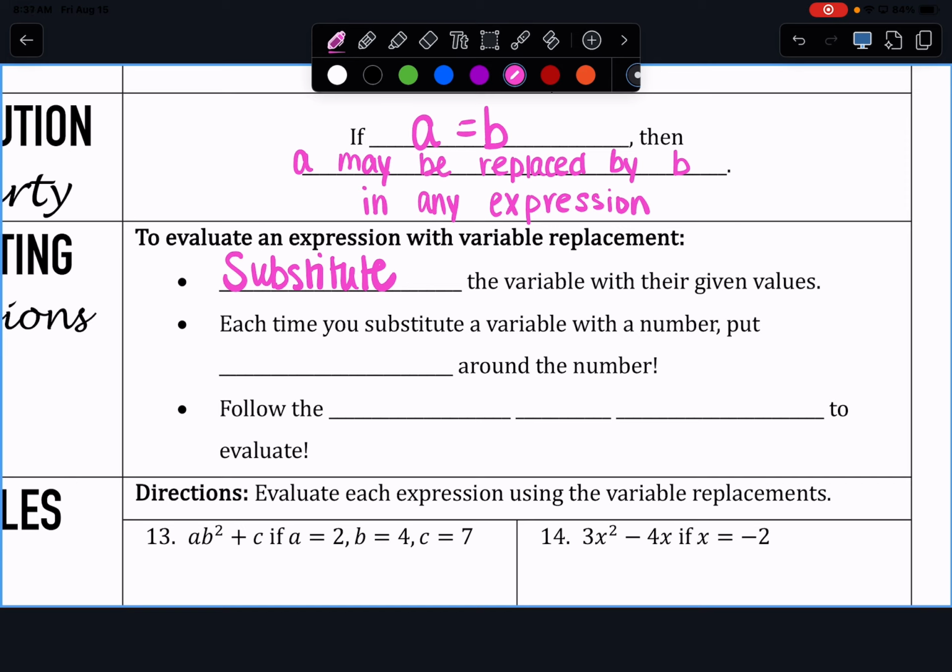Each time we substitute a variable, what do we need to put around the number? When we plug something in, what do we put around the number we plug in? Parentheses. And then to evaluate it, we just follow the order of operations.